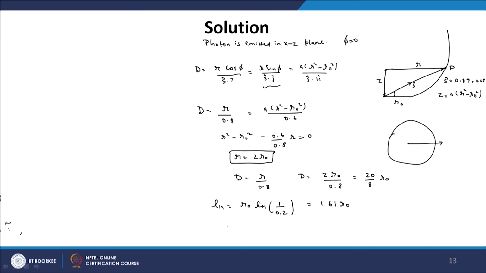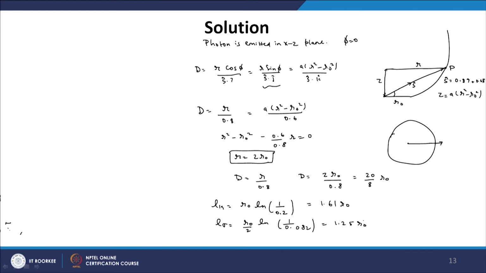Similarly we get L sigma, that means the maximum distance the photon can travel before scattering, equal to r naught by 2 ln 1 upon 0.082, that is the random number, and this distance comes out to be 1.25 r naught.